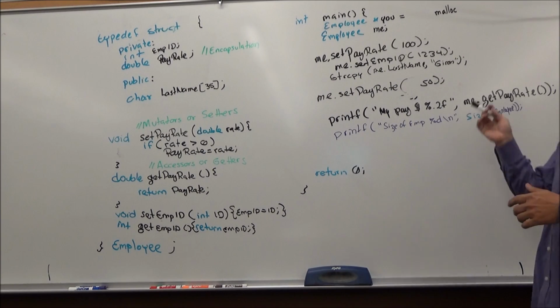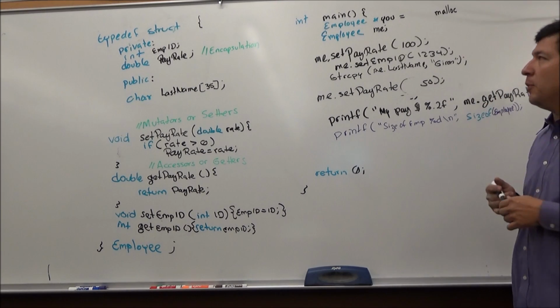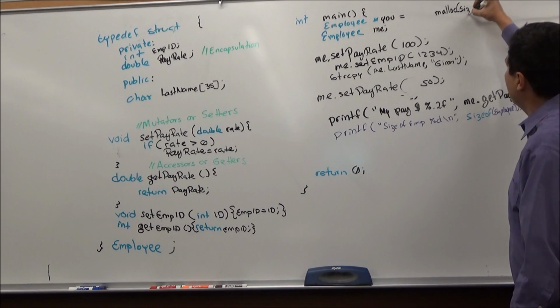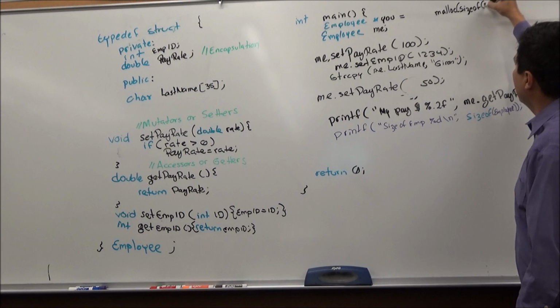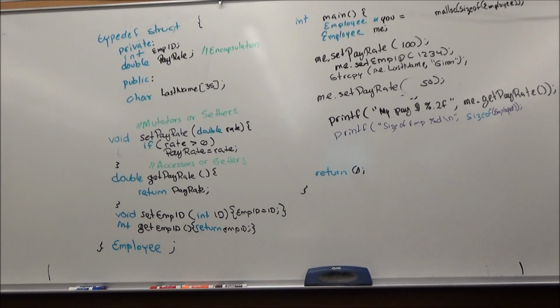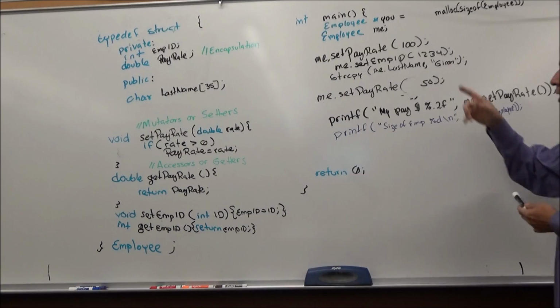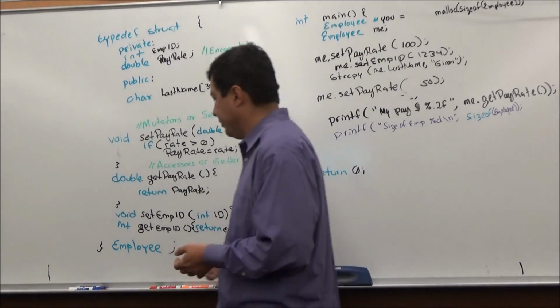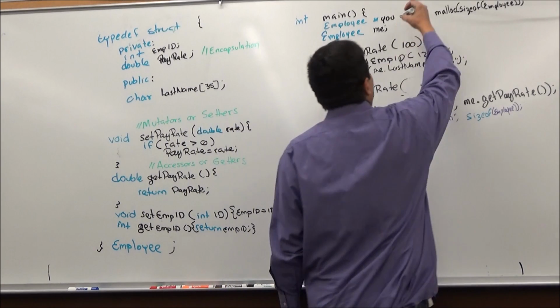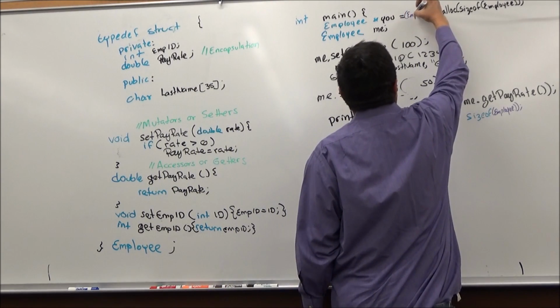It's memory allocate, that's all it does, allocates memory. It says how much memory you want to allocate: whatever the size of employee is. And then, in order to assign it here, you have to cast it. You have to say this is employee.